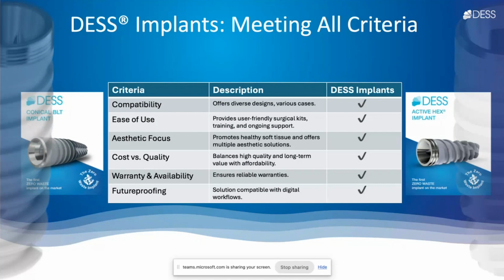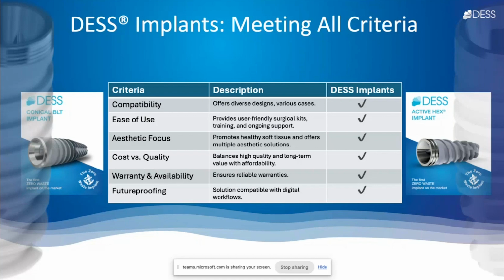So I mentioned the criteria that we need for selection of an implant. Let's check this. As I mentioned, yes, it has a lot of compatibles, a lot of options for prosthetic parts. Ease of use: the kit is very easy. Aesthetic focus: we have multiple options for aesthetics and for the angulations.